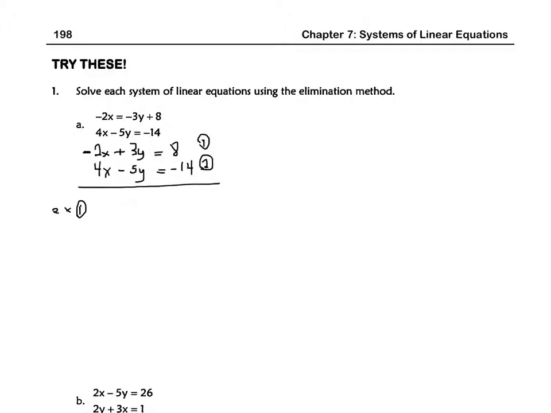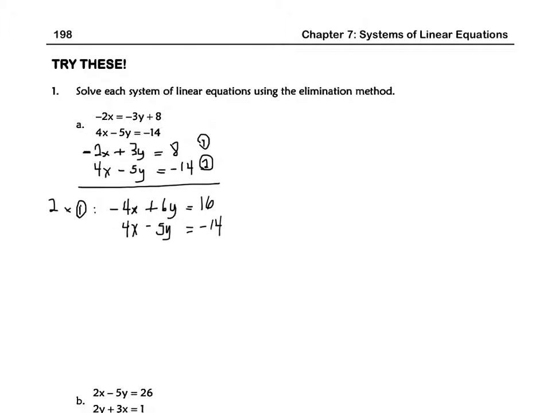That would give me negative 4x plus 6y equals 16. And the bottom equation, equation 2, stays the same.